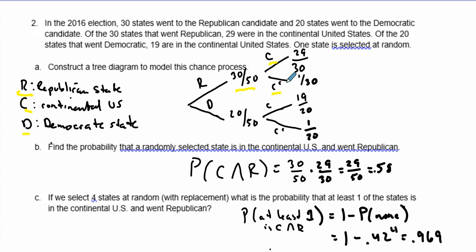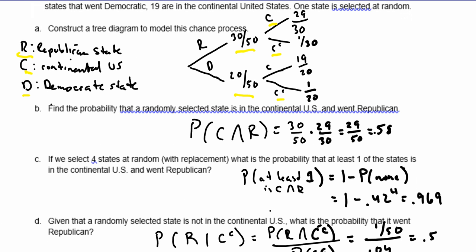Going over here for Democratic, 20 out of 50 states voted Democratic. Then continental United States is 19 out of those 20 states, and once again our complement is 1 out of 20. So that's the tree diagram that I set up.